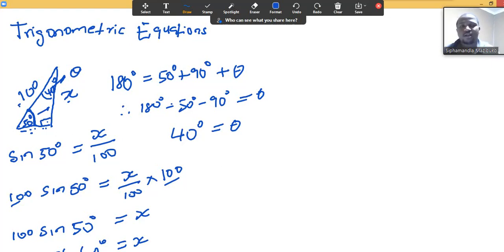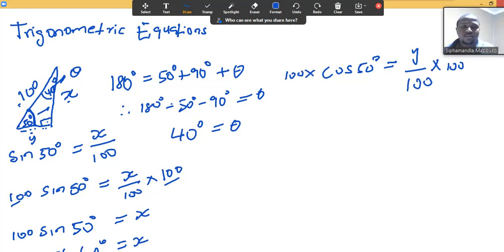So cos 50 degrees is equal to, let's call this side y, adjacent y over hypotenuse 100. We multiply by 100 both sides, so we're left with 100 cos 50 degrees is equal to y, because the 100 cancels.